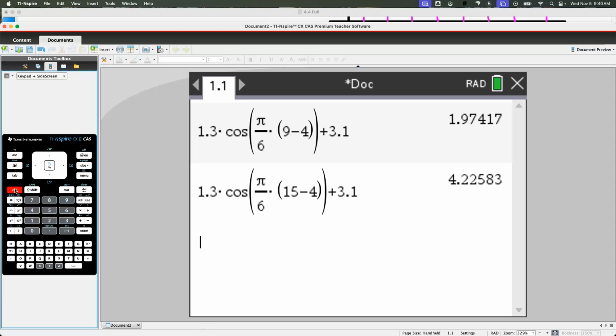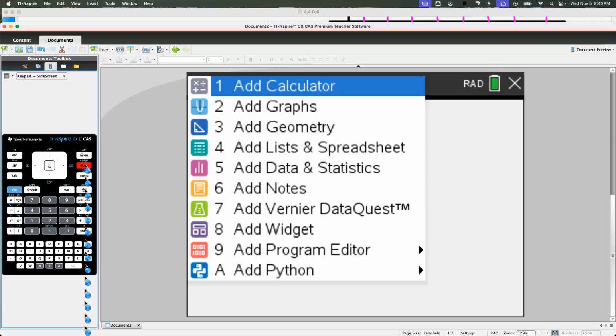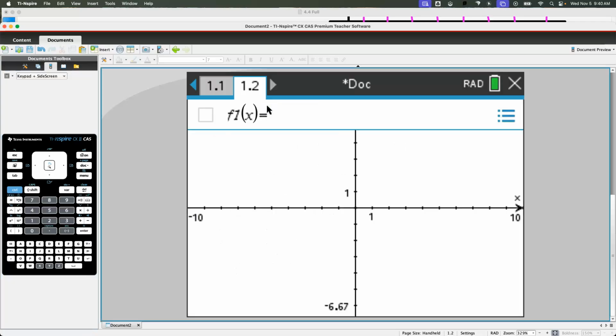So I'm going to hit Control Dock, which gets me a new page, and on that new page I'm going to add a graph, again making sure that I'm in radians.